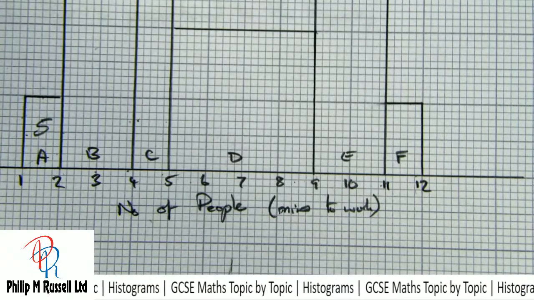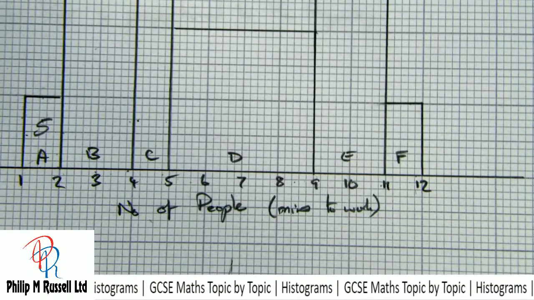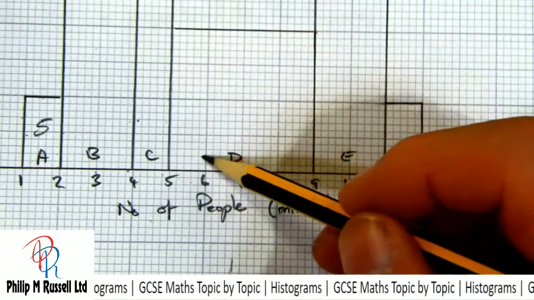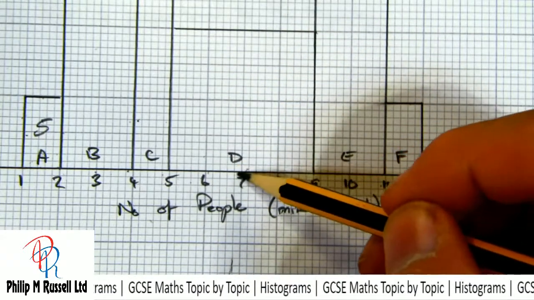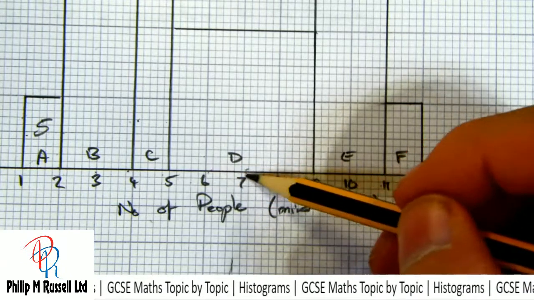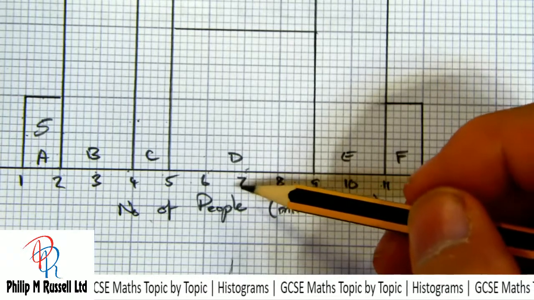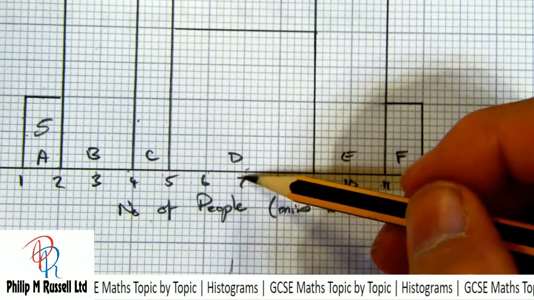How many people took between 6 and 7? This is one of those horrible ones where we have to try and work out what that's going to be.